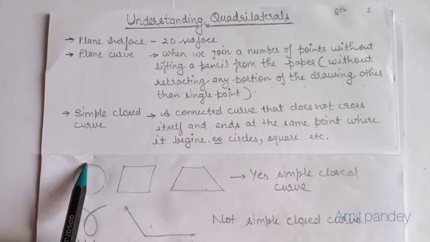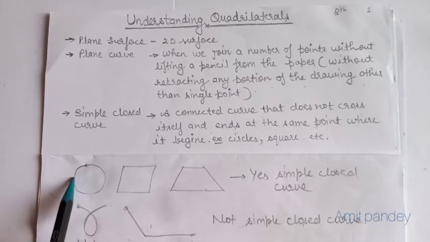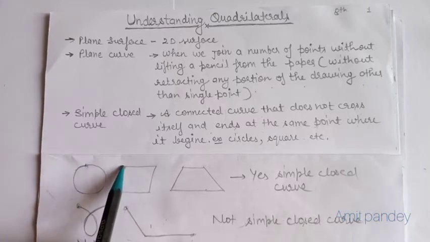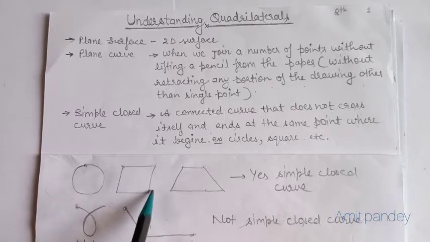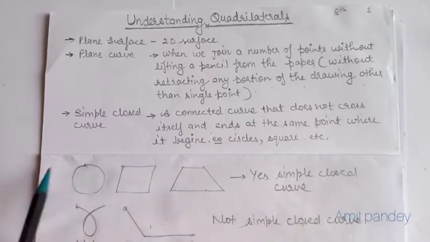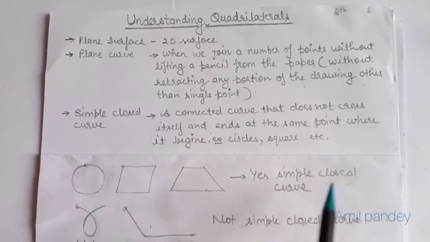Suppose I am drawing a circle: I start from this point, and you can see the start point and end point are the same. Similarly here, the start and end points are both the same, so such a shape is a simple closed curve.